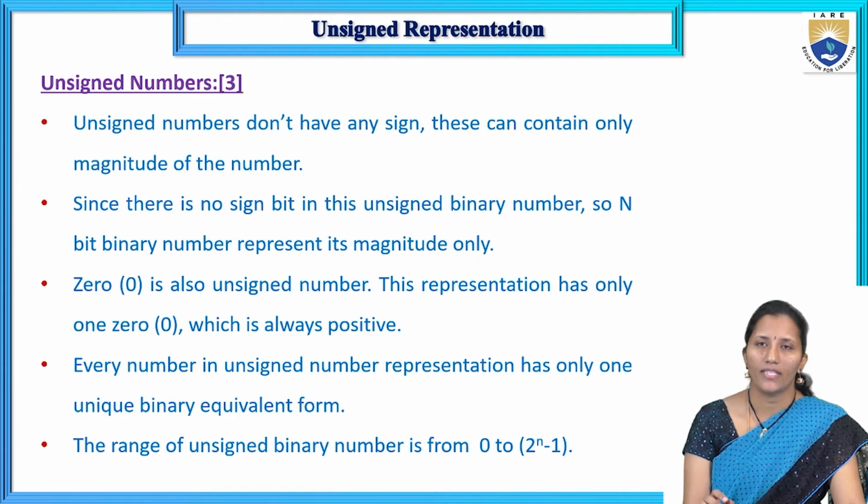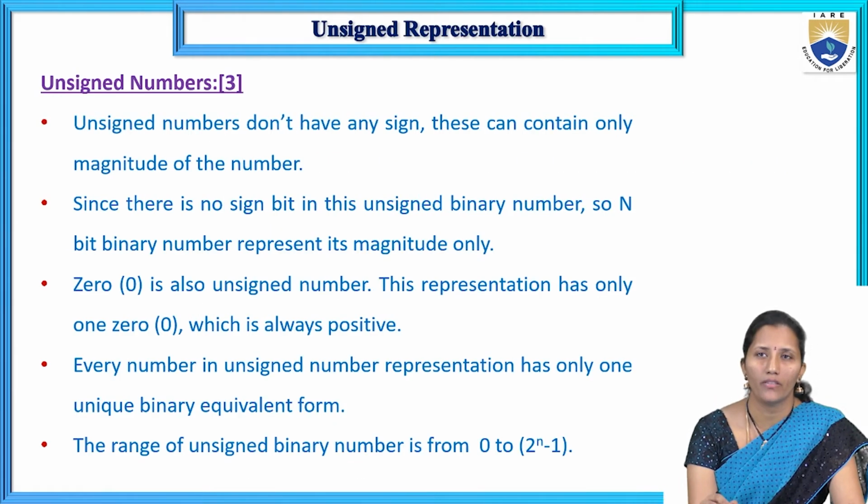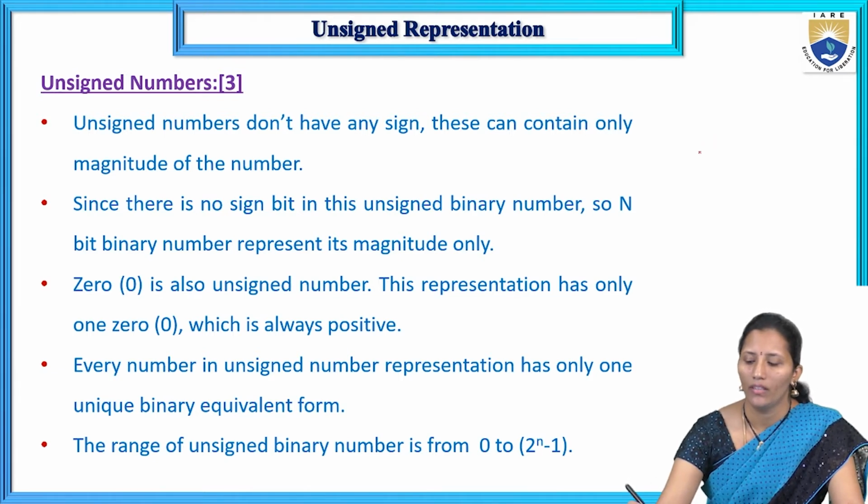So unsigned numbers don't have any sign. They contain only the magnitude of the number. If we want to represent 7 in binary, how will we represent it? Just 111. 9 I have to represent as 1001. Here we don't have any special digit for the sign.